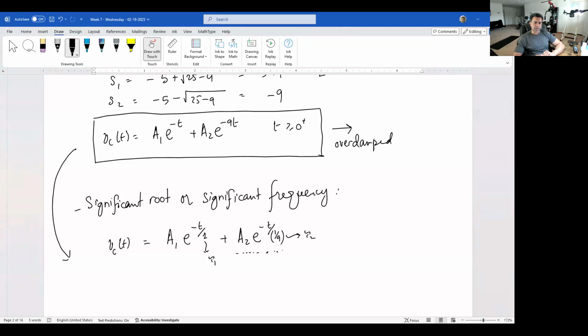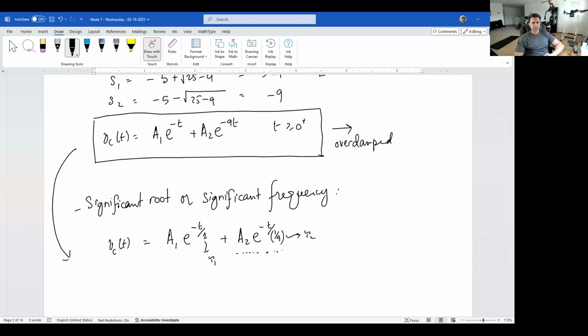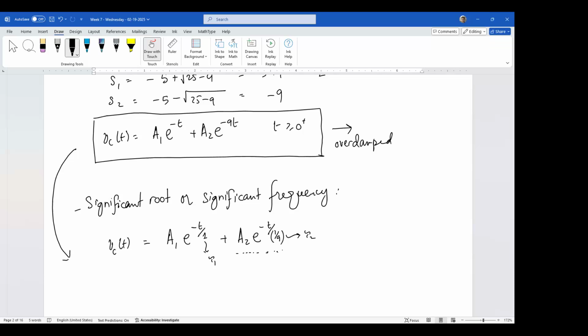How long is the second term going to take to get to 36% of the initial value A2? 1/9 of a second. 36% is 1/9 of a second, which is faster, 1/9 of a second or 1 second? 1/9 of a second. So the second is faster.